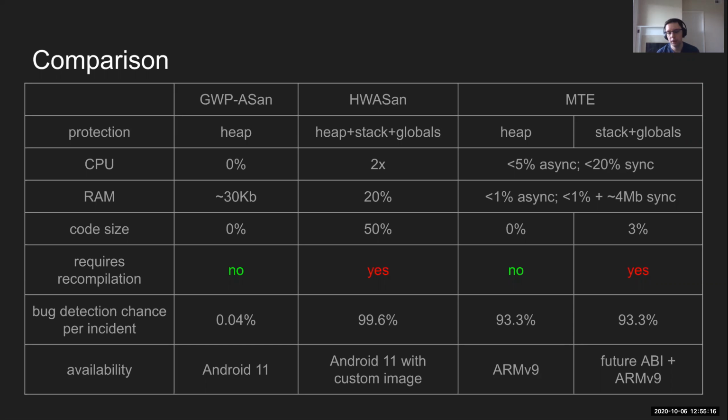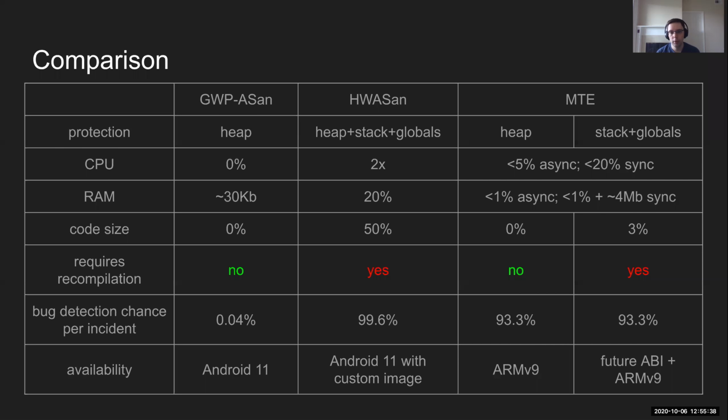That's a decision that the device manufacturer makes. Then there is a slight increase due to memory alignment because tags have 16-byte granularity. All memory allocations need to be 16-byte aligned. We measure that it's significantly less than 1% on average.